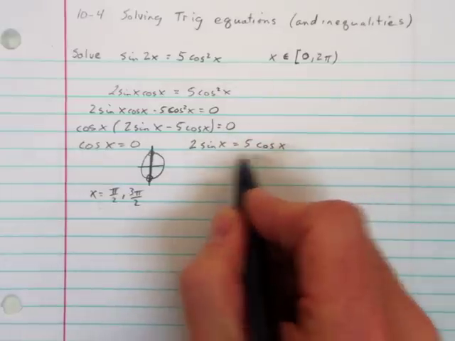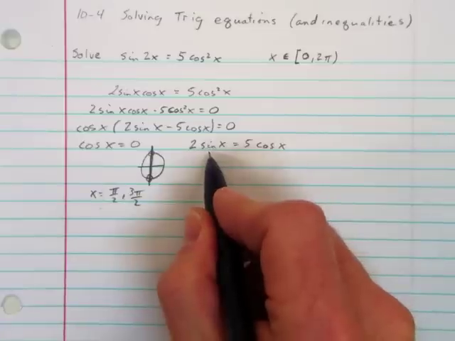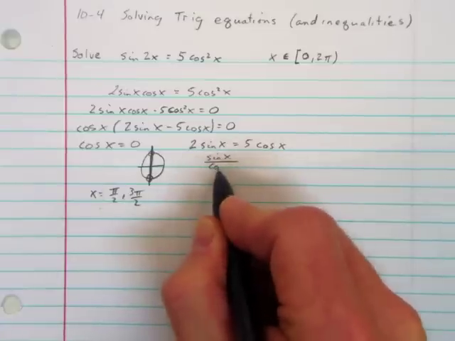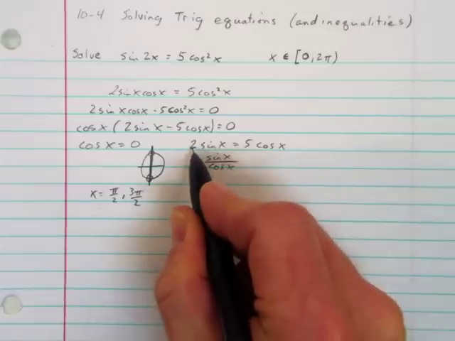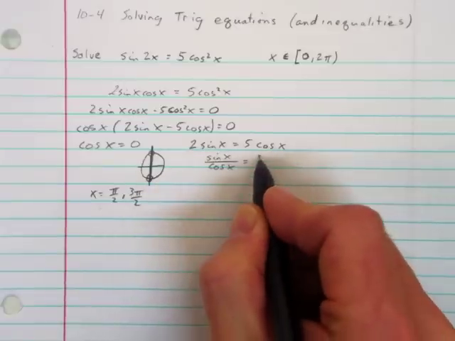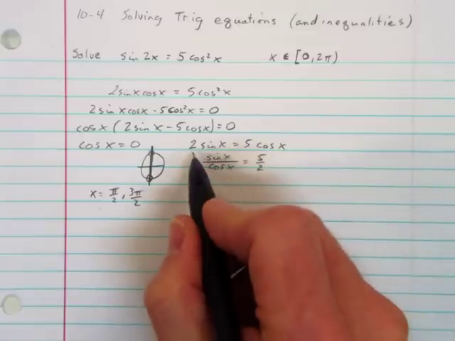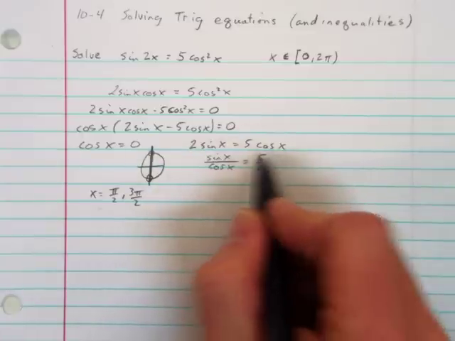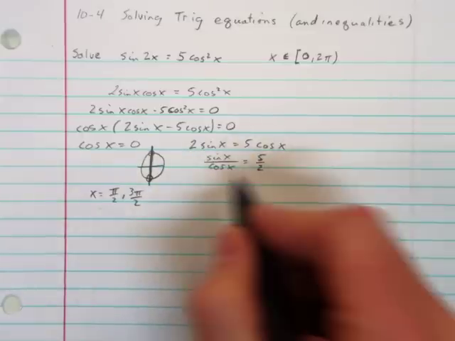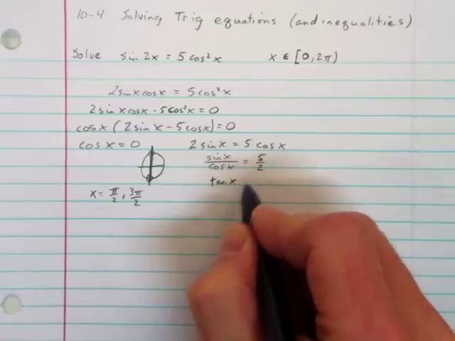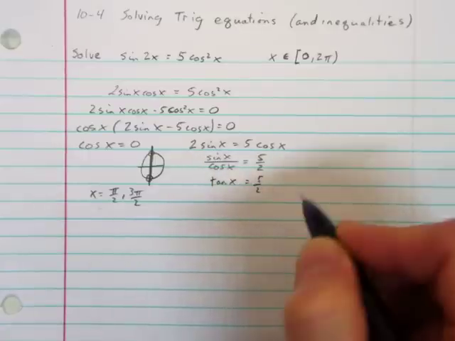So if I divide by the cosine, I will get the sine over cosine. And at the same time, let's divide by the 2, so we'll have 5 over 2. In essence, what we're doing is dividing by 2 cosine of x on both sides. So now we get tangent x equals 5 halves.